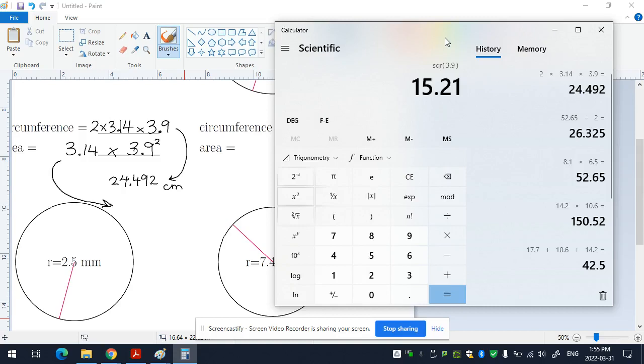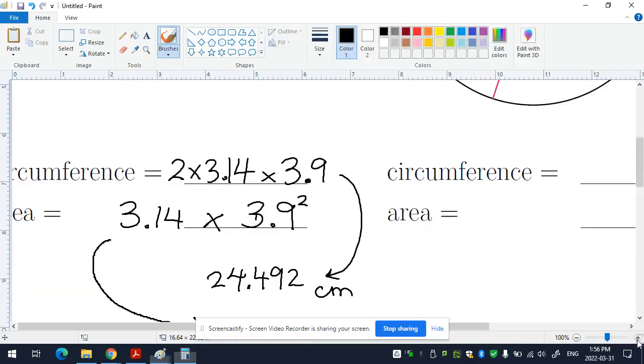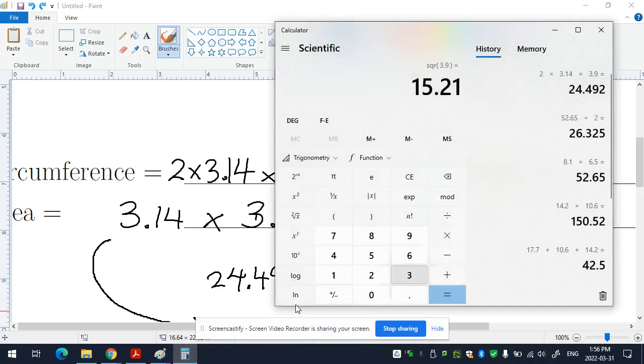Nope, I've already squared it to the power of 2. What do I need to multiply that 15.21 by now? Exactly. I've already done this part. Now I need to times it by 3.14.